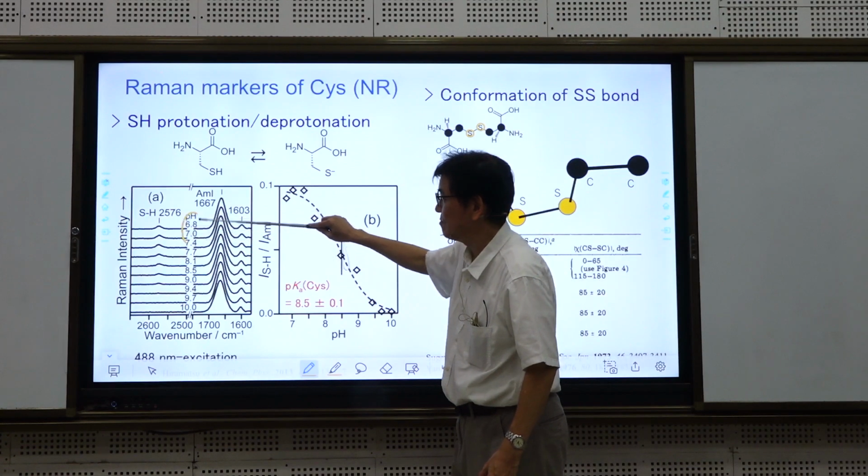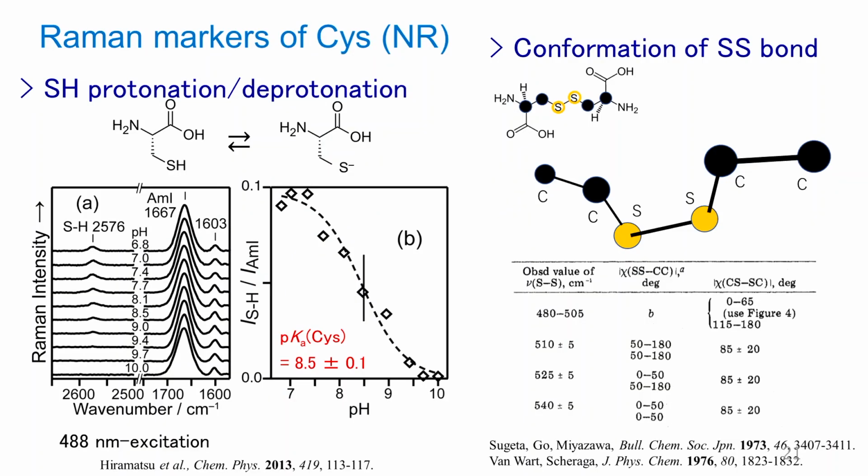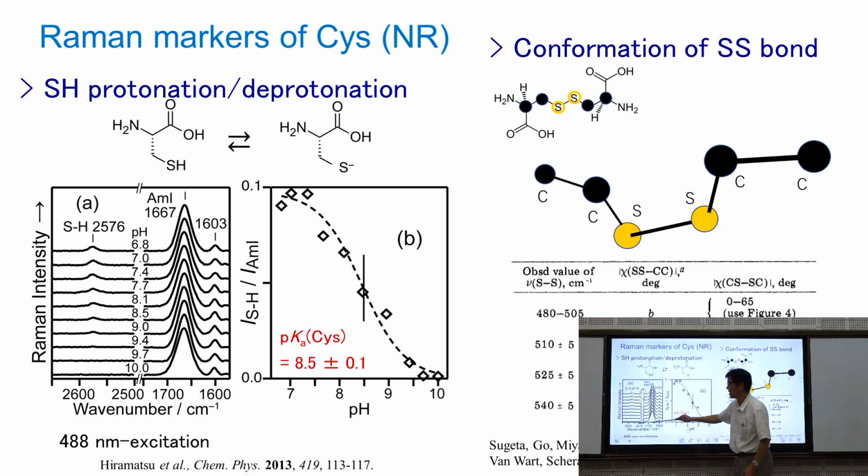At neutral pH, the SH band has an intensity, but it gradually decreases. At pH 10, there is no peak. So we can plot the SH intensity with respect to pH value, and by fitting the data points with a sigmoid function, we can determine the pKa of the cysteine side chain. So this is a good marker to analyze the status of the SH side chain.